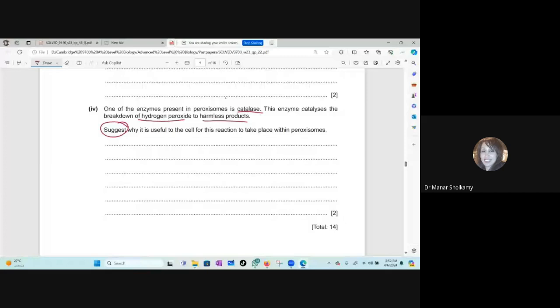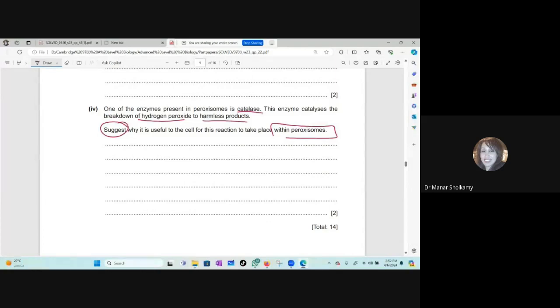One of the enzymes present in the peroxisomes is the catalase enzyme. This enzyme catalyzes the breakdown of hydrogen peroxide to harmless products. Suggest why is it useful to the cell for this reaction to take place within the peroxisome? Why is it an advantage that this enzyme is inside the peroxisome and it is isolated? And why?